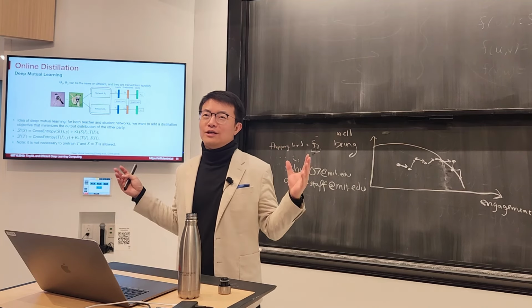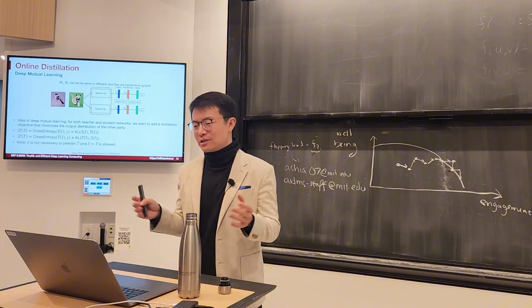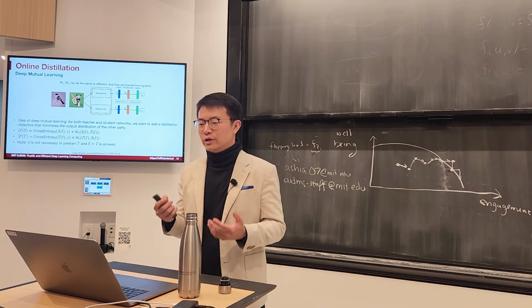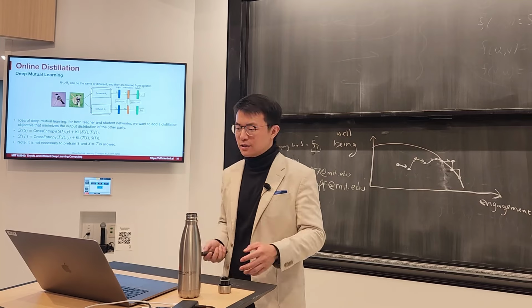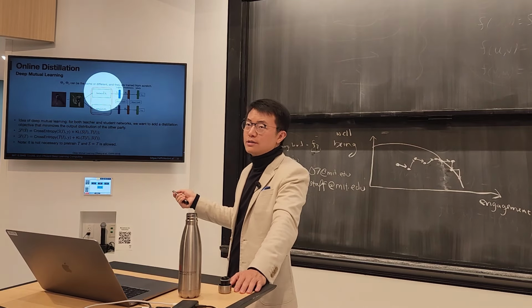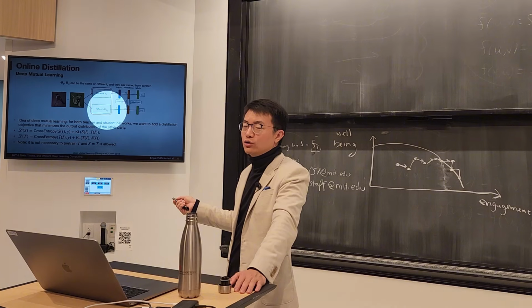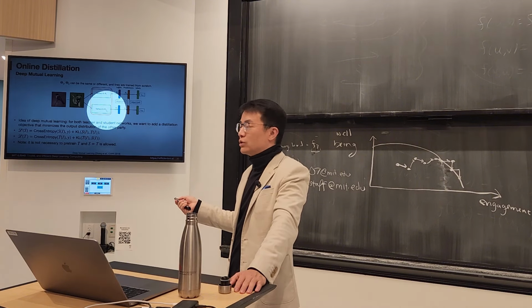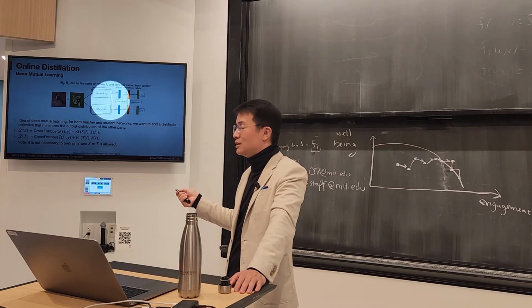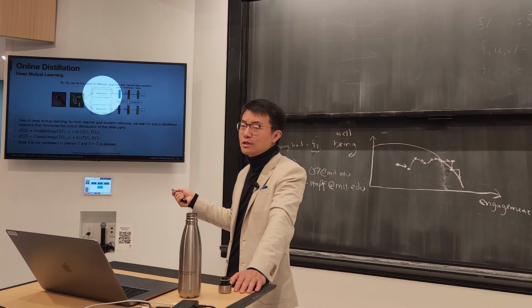Now we don't have a teacher, we don't have a student. Everybody is just starting from scratch, just like in the classroom, only you and your neighbor, your classmate, sitting together. Network 1 is the teacher of network 2 when we are training network 2, and network 2 is the teacher of network 1 when we are training network 1. They act as the teacher of each other, which is the interesting part.